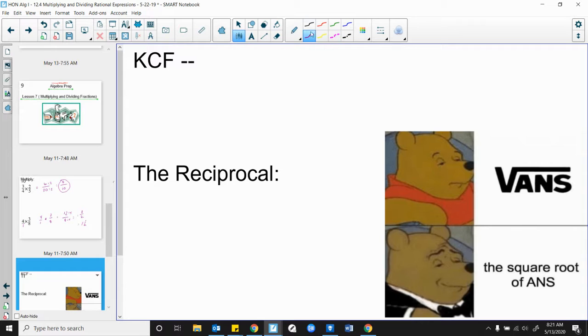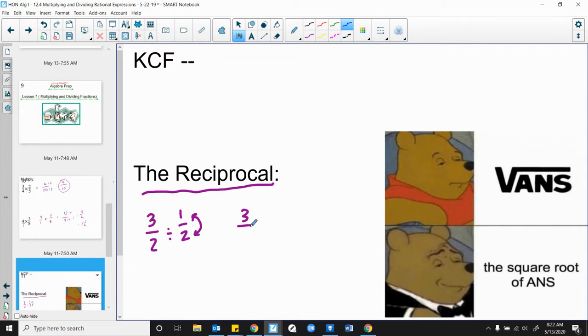Now, we have one thing that's a little bit different here. We have this word called the reciprocal. This is the fancy way of saying keep, change, flip. So if I have a problem that's 3 over 2 divided by 1 over 2, the reciprocal of 1 over 2 is just it flipped.